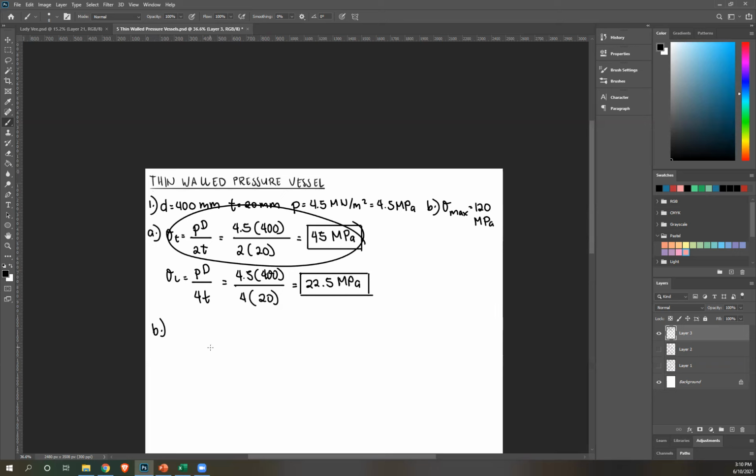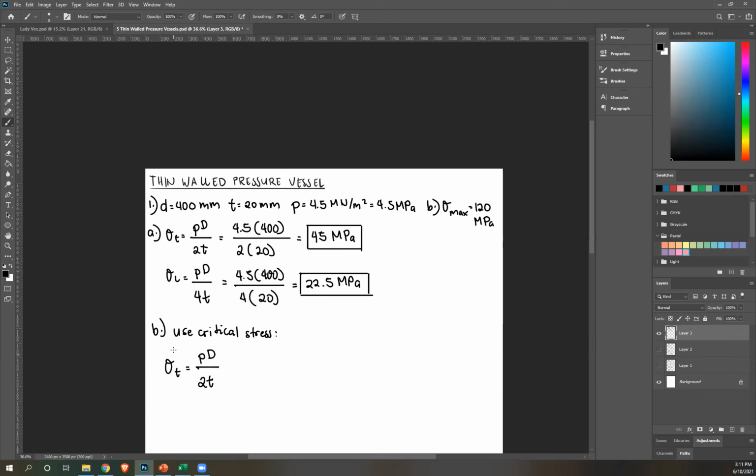This is the more important stress to consider. So use the critical stress, meaning the stress that's most likely to cause your system to fail. So again, that's tangential stress. So the equation is sigma T equals PD over 2T.